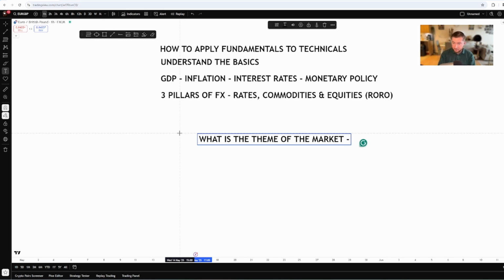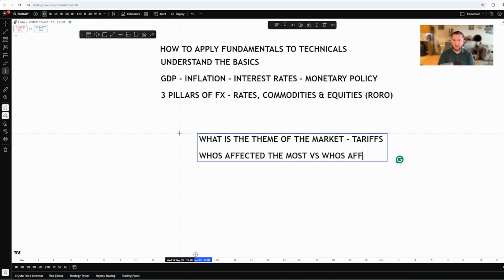So the theme at the moment is tariffs. So how do we apply the knowledge of tariffs on currencies? Number one, you have to be thinking about who's affected the most versus who's affected the least. That's what we need to be thinking about in this market.